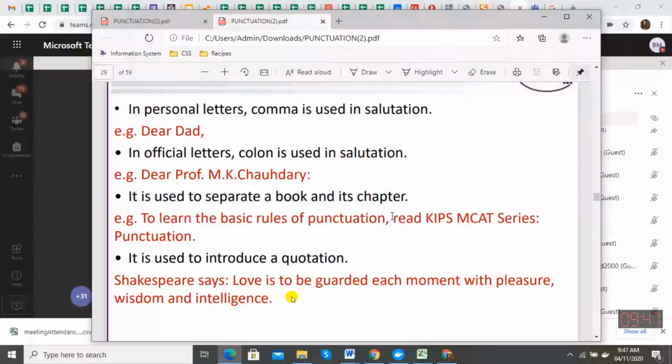Okay? Now you know the rules and regulations and the functions, then the principles. Now you can have an idea कि आपने जब write करना है, तो what device you could use or you should use. So any example of any of the function of the colon?